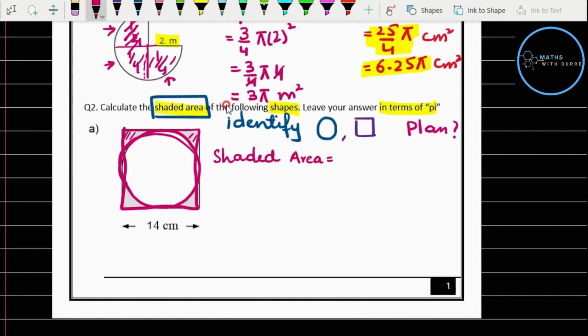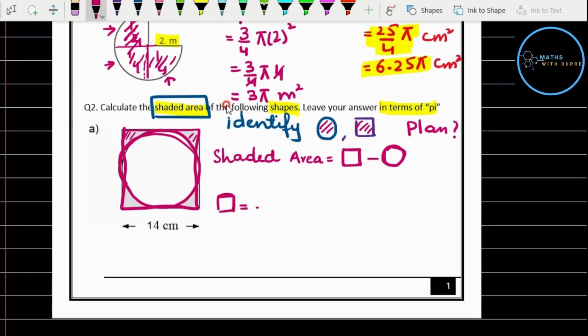I need the area of a square, then I will subtract the area of a circle. I can calculate the area of both shapes separately and subtract them later on. So let's take a start, with the square.